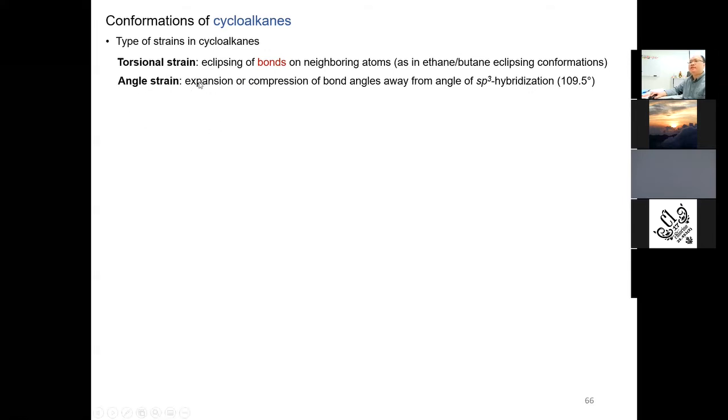Angle strain is defined by the expansion or compression of bond angles away from the optimized bond angles. So you all know that sp3 hybridization has 109.5 degrees bond angles, right? So if in your structures, your bond angle deviates from this normal angle, we say that it has an angle strain because the angle is different.